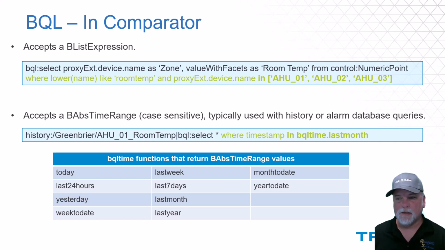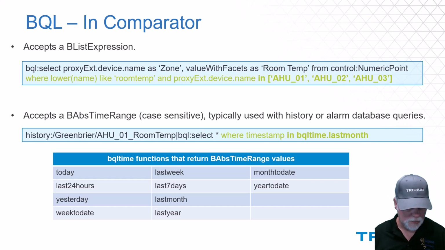So we're saying, does the timestamp fall within this range of timestamps, where BQL time.today would be midnight, 12 a.m. until the end of today, or the last 24 hours would figure out from that moment in time what the last 24-hour time range was, or yesterday would be 12 a.m. yesterday until 12 a.m. this morning, so the previous day's worth of timestamp values.